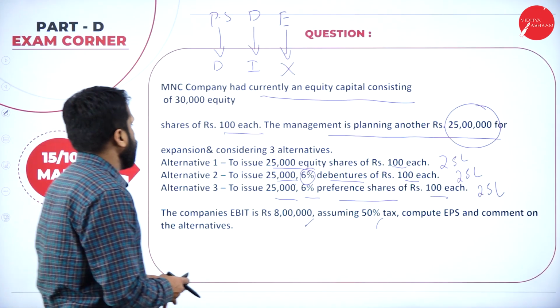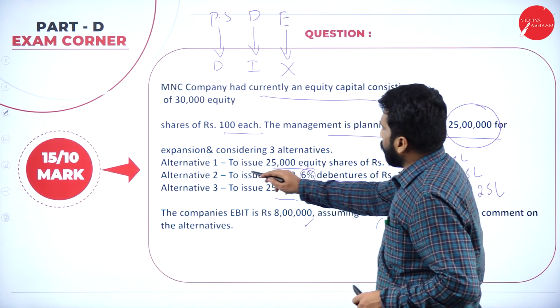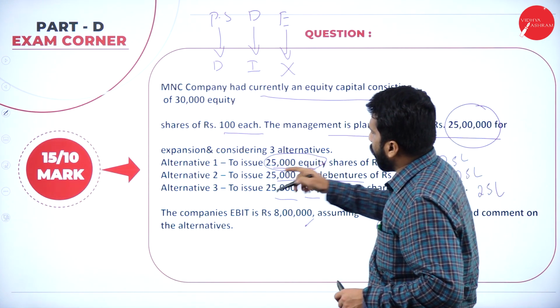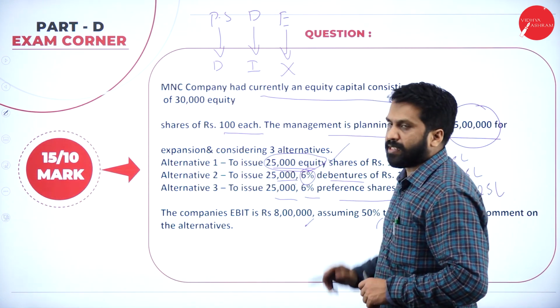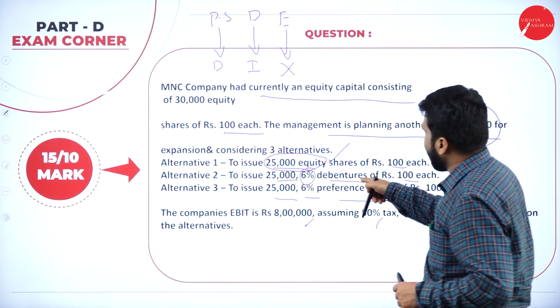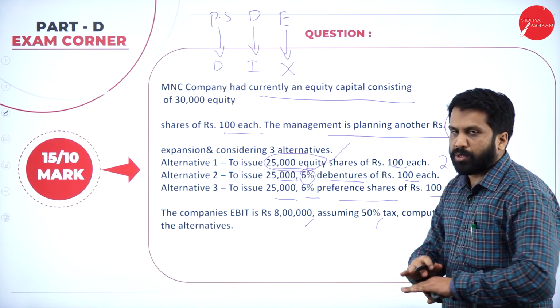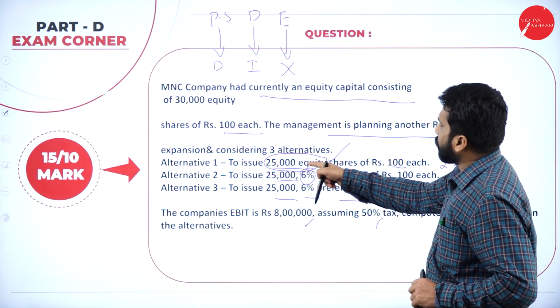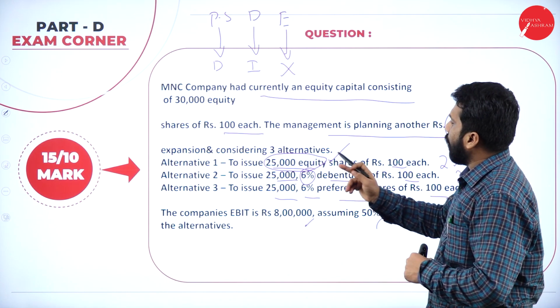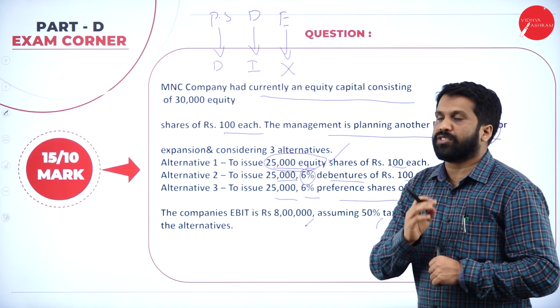Now, to issue 25,000 equity shares. Option 1, 25,000 equity. Option 2, there is a debenture, no equity. Option 3, there is a preference, no equity. Only in option 1 do you have 25,000 new equity shares.